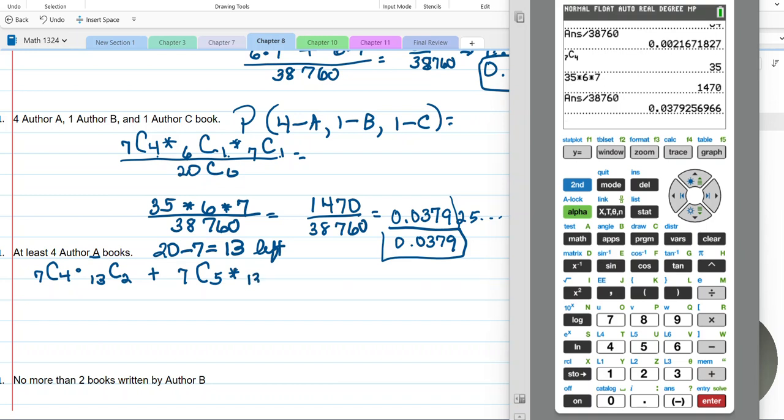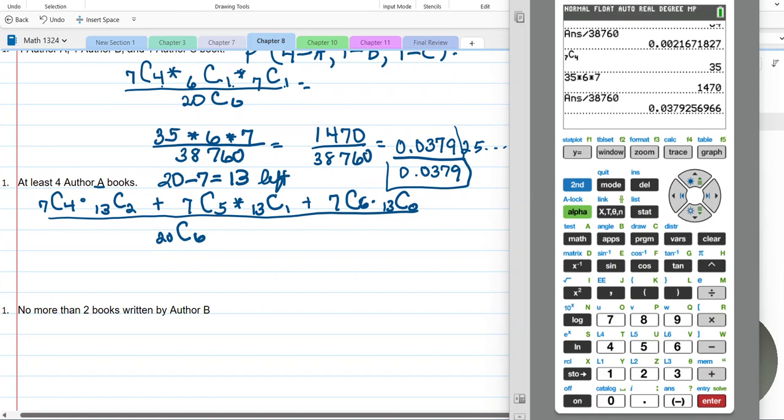Times 13, choose 1. Plus 7, choose 6. Times 13, choose 0. All right, all over, this is probability, 20, choose 6.